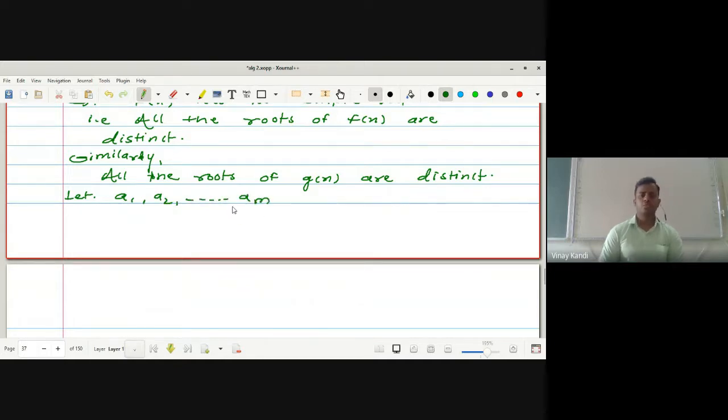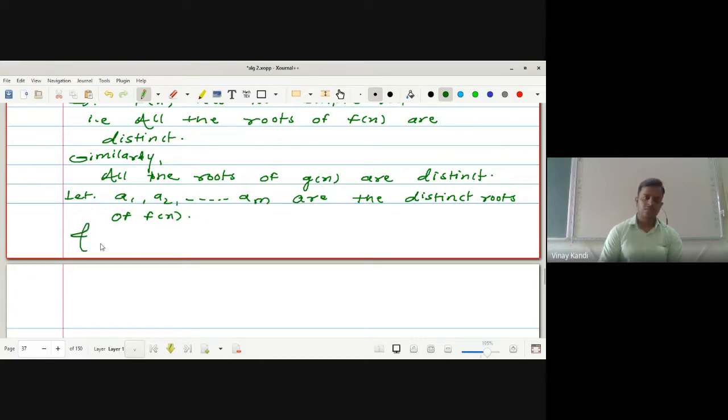A1, A2 up to Am are the distinct roots of f of x.